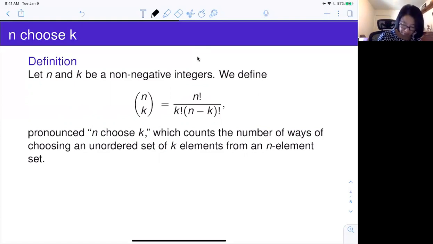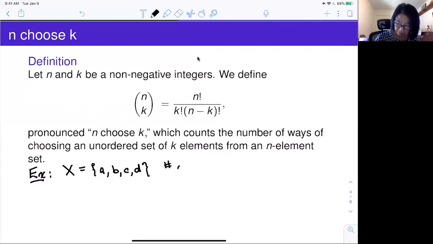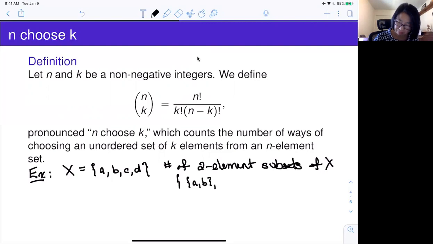So for example, here's another small example. Suppose that X is the set A, B, C, and D, and I want to look at the number of 2-element subsets of X. Well, the set of all 2-element subsets of X is AB, AC, AD.